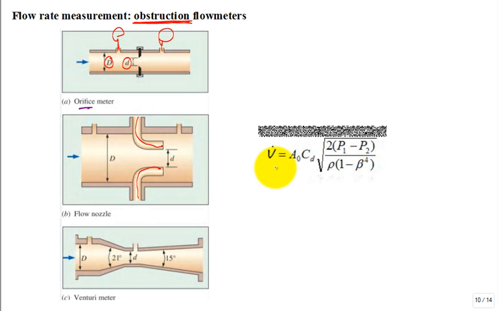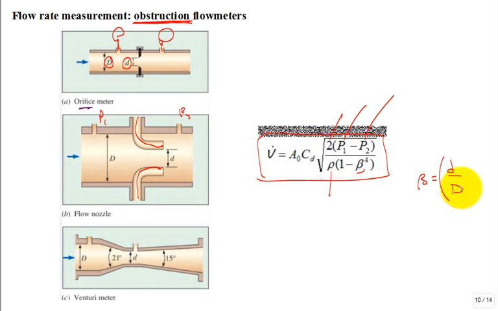They typically have equations that look like this. You measure the pressure loss. Here's P1, here's P2. You measure the pressure drop, multiply by 2, divide by rho. That looks a whole lot like the pitot-static. You have beta. Beta is a ratio of the diameters, D over D. Is that squared? You have to look at the equation, but I believe it's just the ratio of diameters.